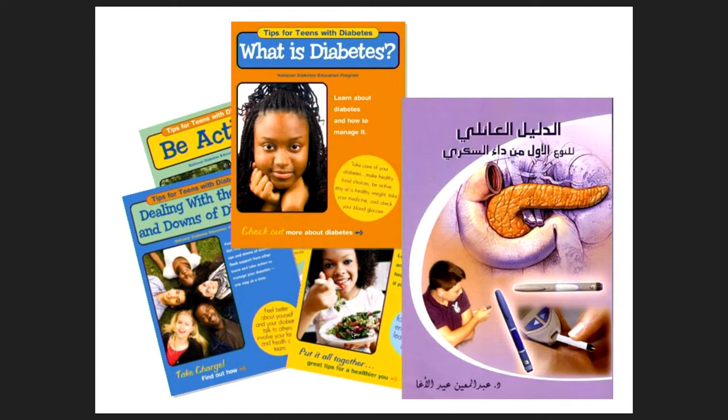Before we start, it is very important to increase awareness of the community about diabetes, as well as to increase awareness of diabetic patients, whether children or adults, about their disease.